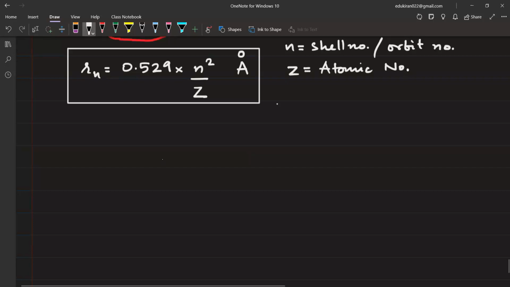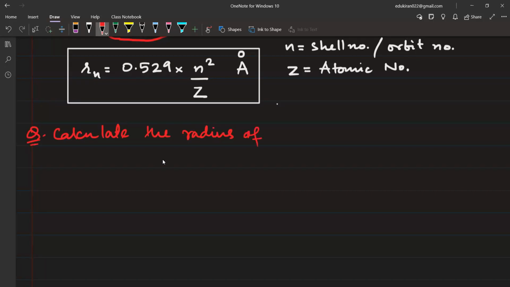Okay. Now, see here. Calculate the radius of first orbit of hydrogen atom. क्या हो जाएगा बताइए?